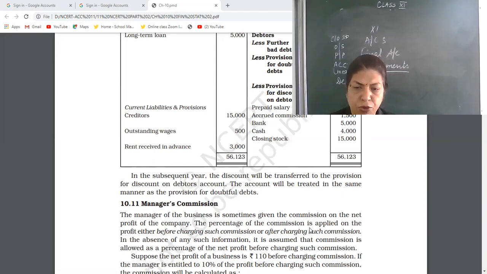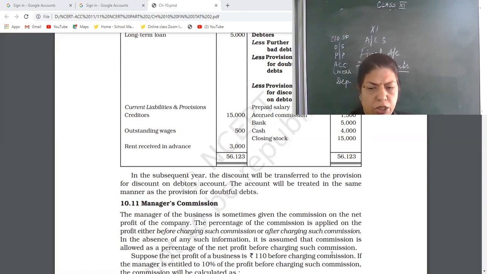If it is before charging, then the formula is net profit into rate upon 100. If the formula is after charging, then balance of profit into rate upon 100 plus rate. It is given in the question.